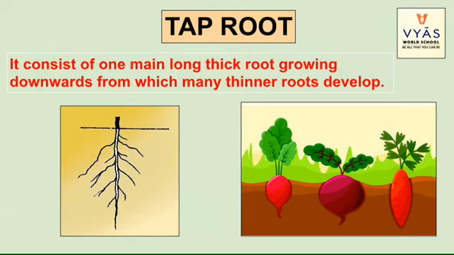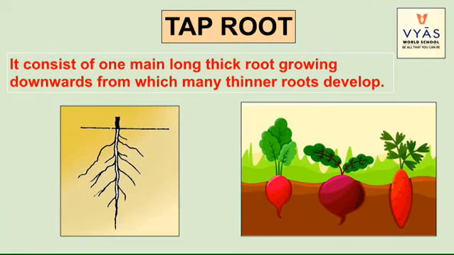Tap root means the root that consists of one main long thick root growing downwards, from which many other thinner roots develop. On your screen you can see the first picture. There is one main long thick root and then many other thinner roots develop from it. So this is what we call a tap root.